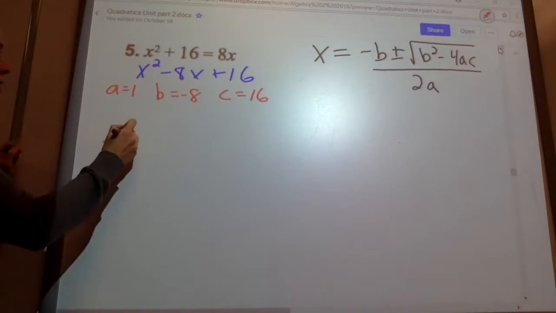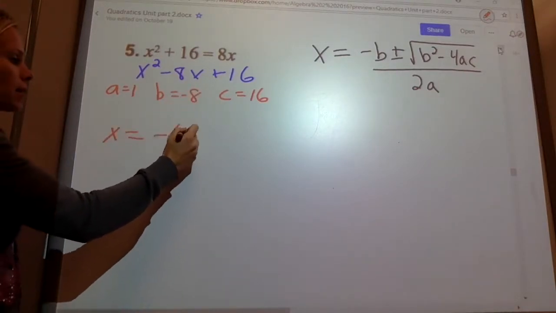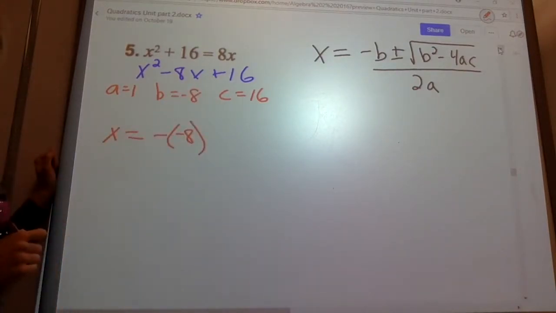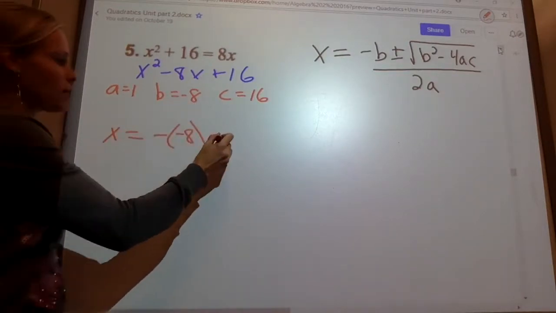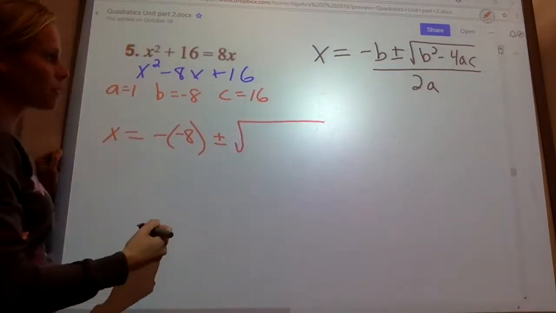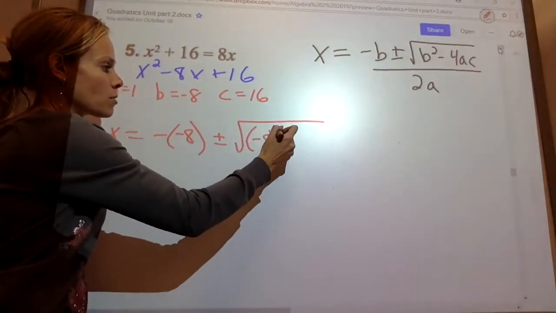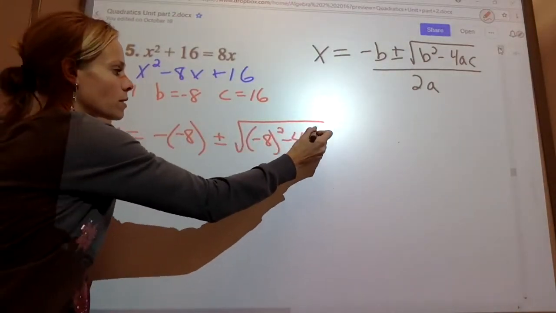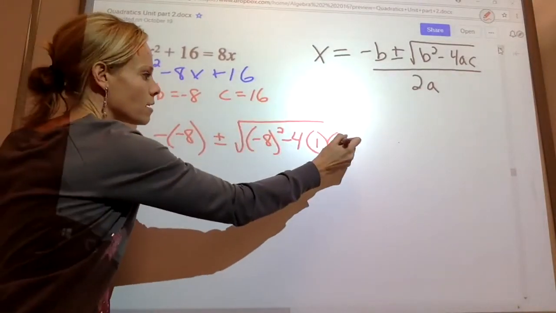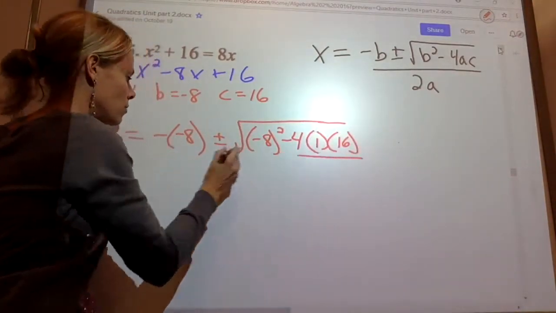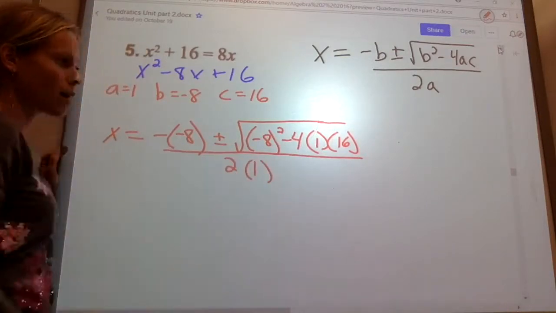Okay? So x equals -b. Yep, it's going to be a double negative, because it's a -b, but b is negative. So it'll just be 8, plus or minus the square root of b squared minus 4 times a times c, all over 2 times a.